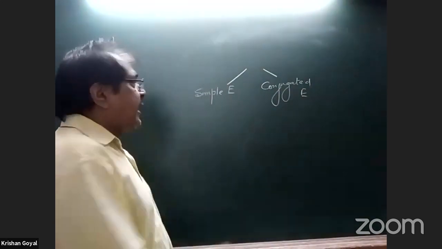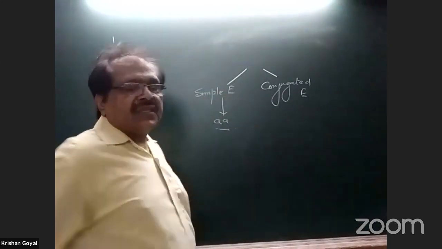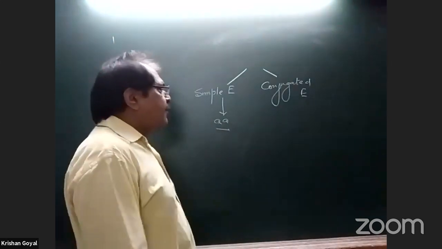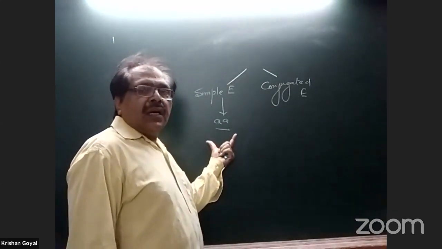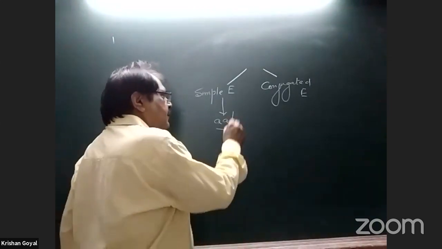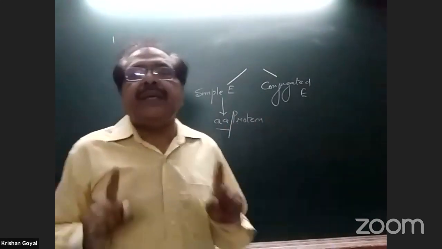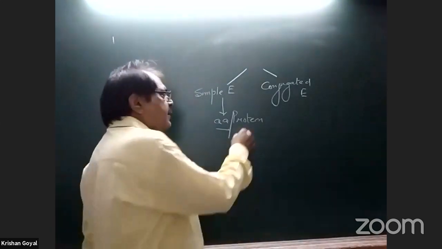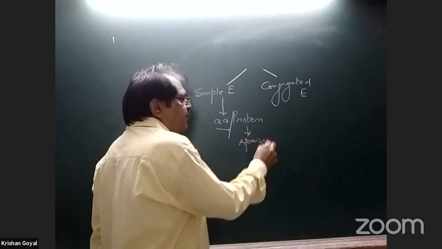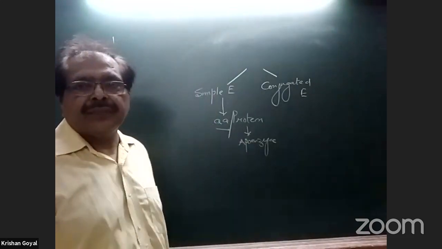Simple enzymes are exclusively made up of amino acids, of proteins only. They contain only the protein part, and that protein part is known as apoenzyme. It means we can write that simple enzymes are apoenzymes.